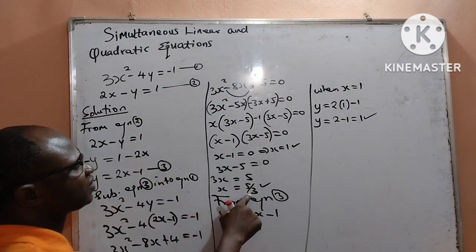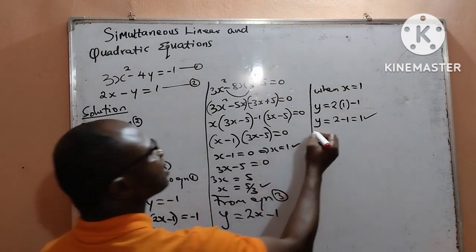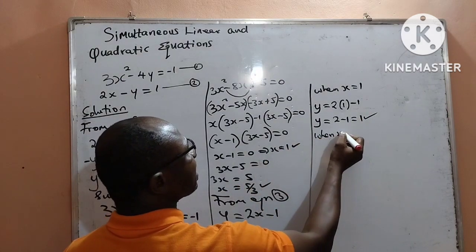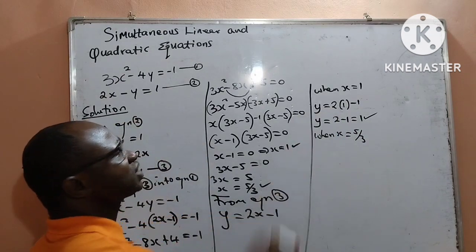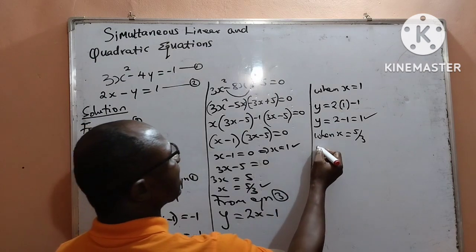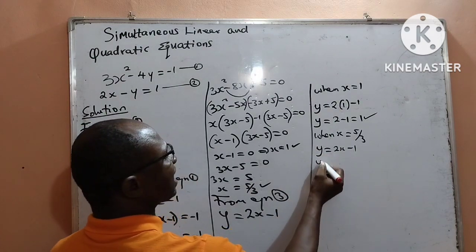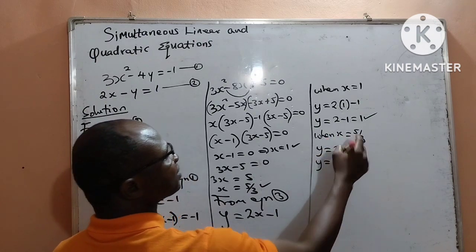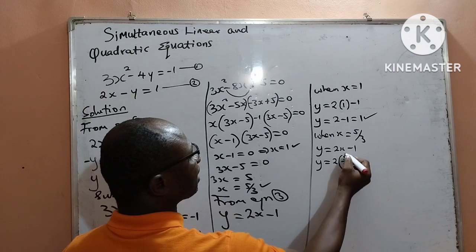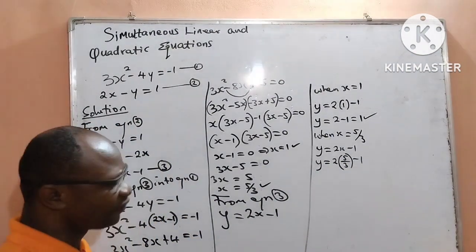Also, since I got the values of x, I also try for the second value of x. Therefore, when x is equal to 5 all over 3, I still go back to equation 3 where I have that y is equal to 2x minus 1. So y will now be 2 multiplying my x, which is now 5 over 3, then minus 1. I solve it to get the second value of y.